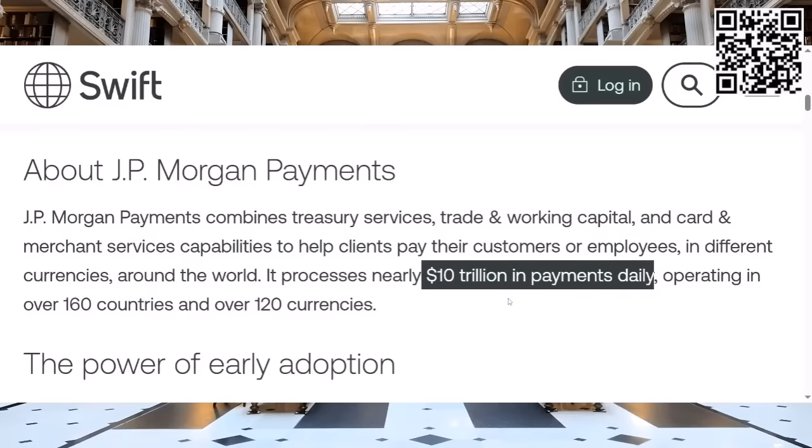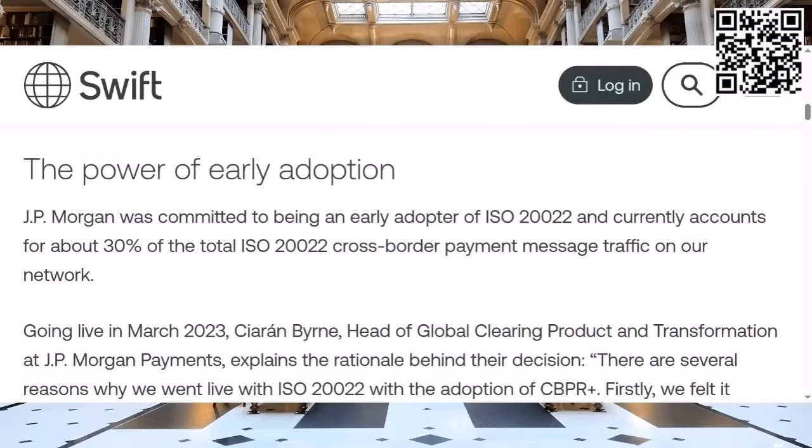Well, we talk about early adoption. For you and many others who came in early for these particular digital assets, you can kind of have an idea why they play an important role. For one, JPMorgan was committed to being an early adopter of ISO 20022. So, checkmark.